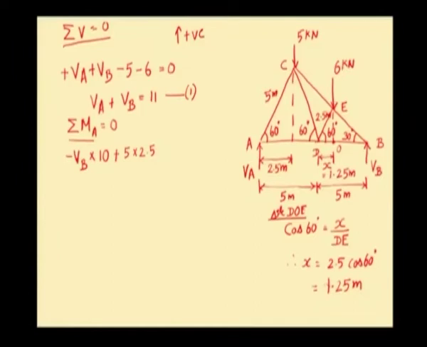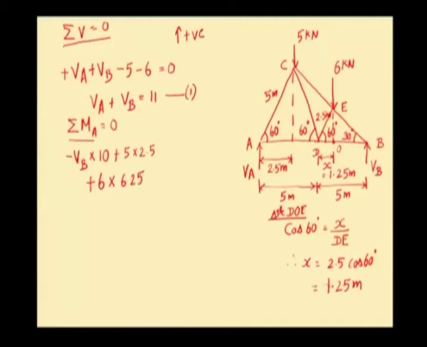Now, we are taking moments of all forces about A. So, the perpendicular distance between this 6 kilonewton force and A will be the distance AD plus DO, which will be 5 plus 1.25, which is 6.25. Now, the 6 kilonewton force creates a clockwise moment. So, plus 6 into the perpendicular distance, 6.25.